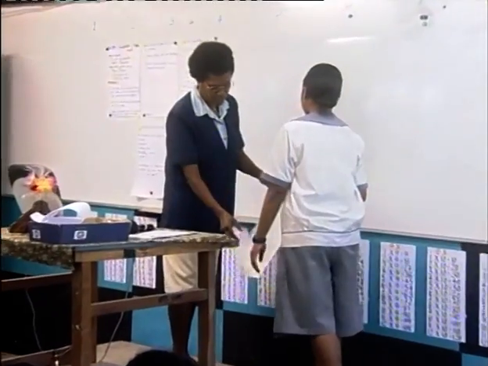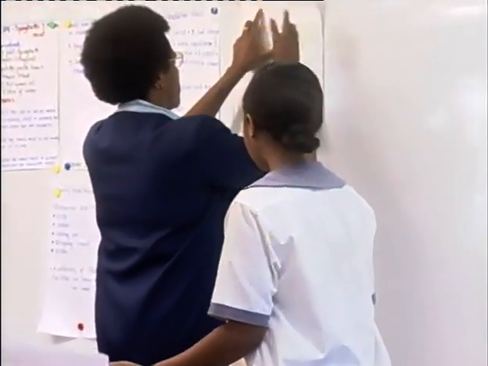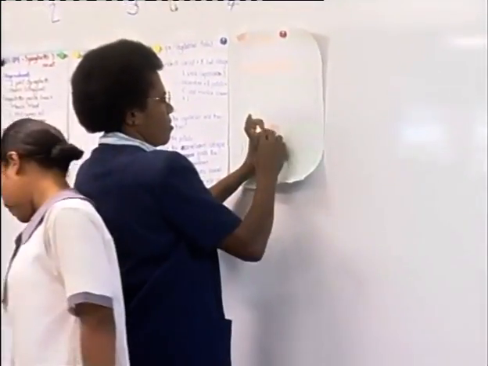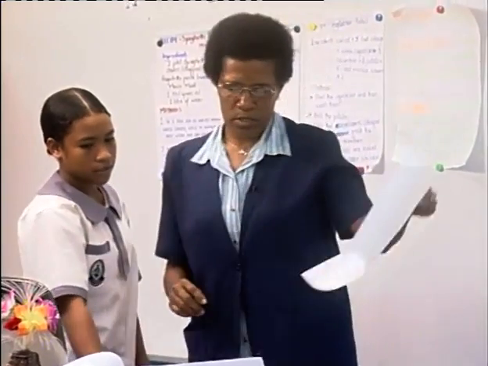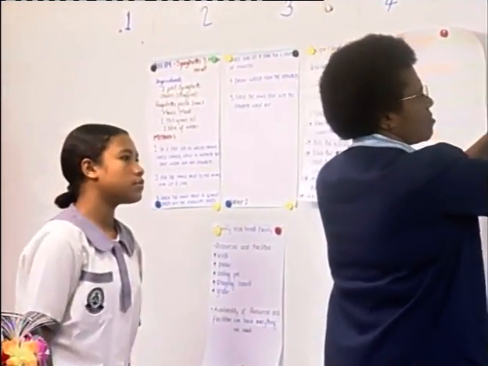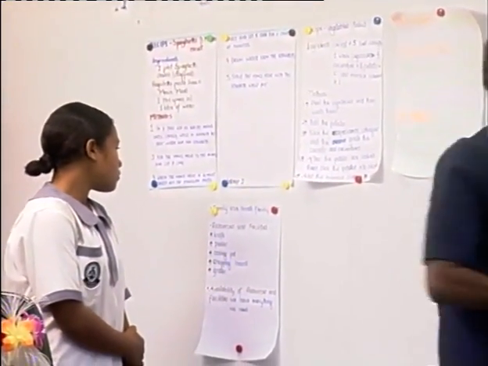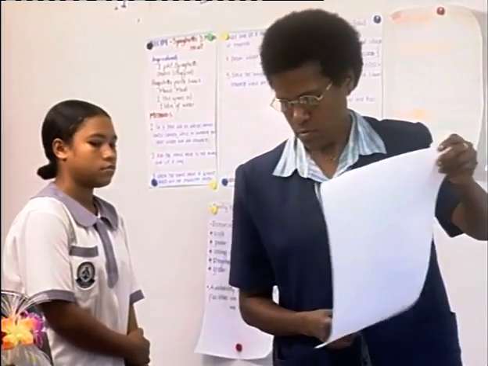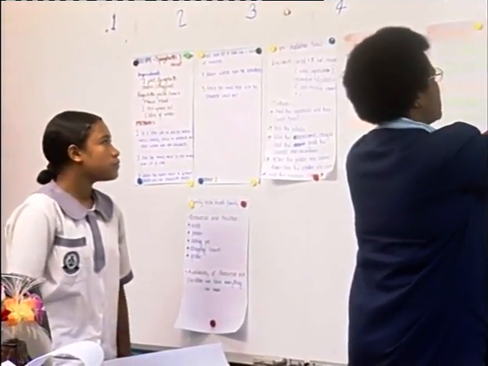Let's save the first one. Okay, the next paper is family size. Then we have availability.